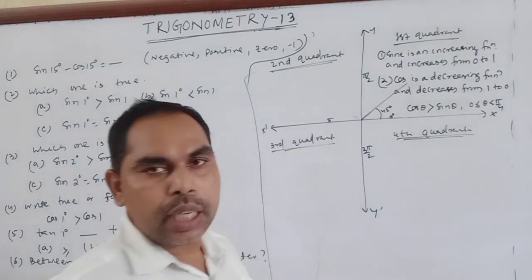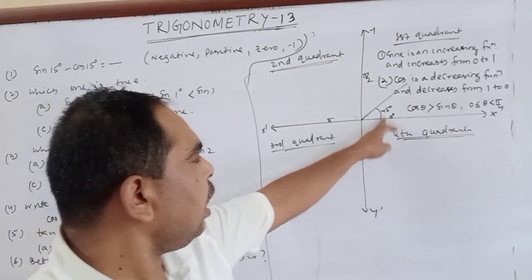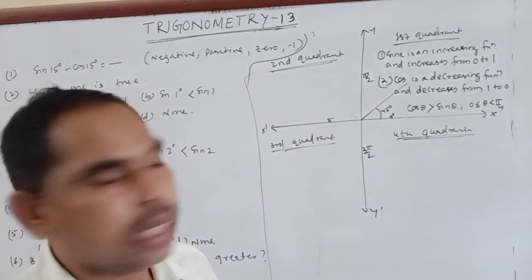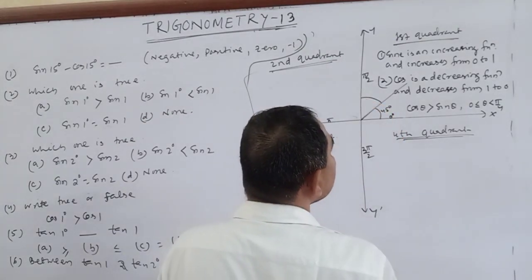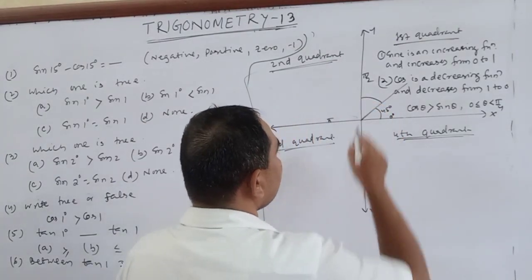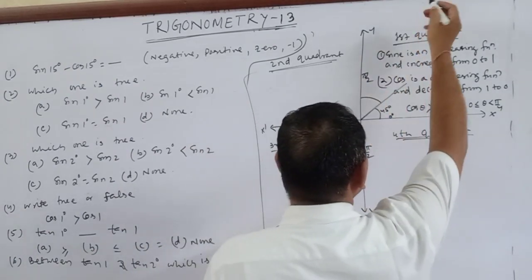But from 45 to 90, sin theta is greater than cos theta.